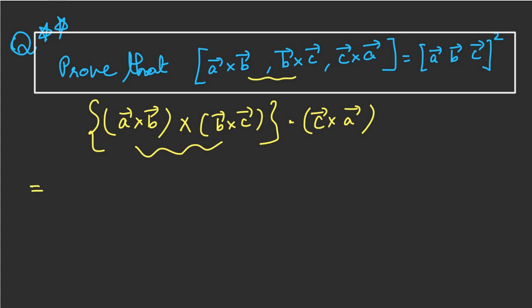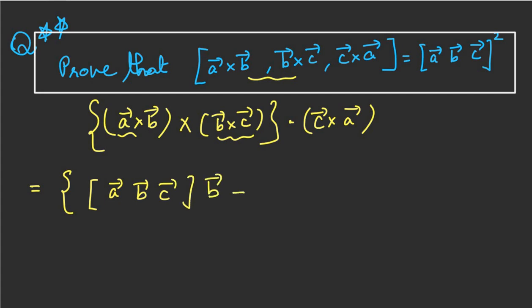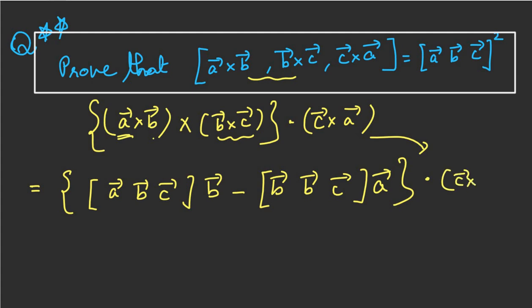It can be written as the box product of A, B, C into B vector minus box product B, B, C into A vector, and this is then dotted with C vector cross A vector. Now we know that two equal vectors inside the box product give the value 0. Now again this gives me the box product of A, B, C into B vector.